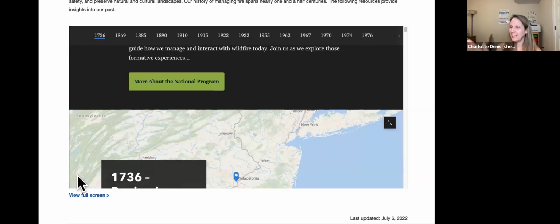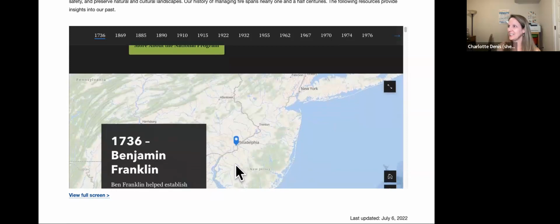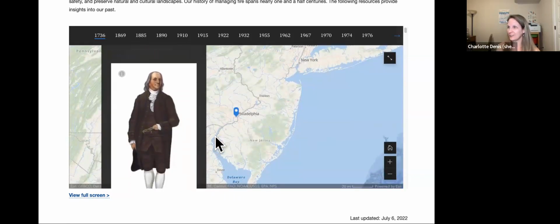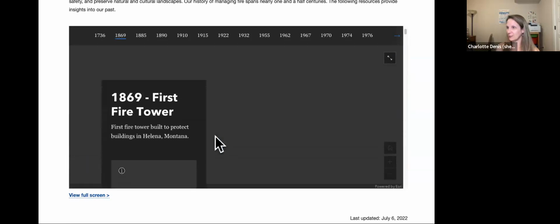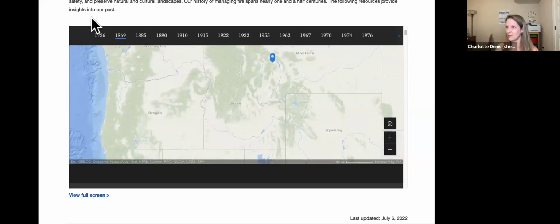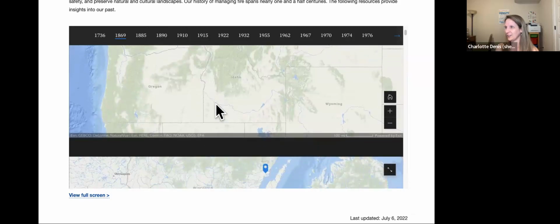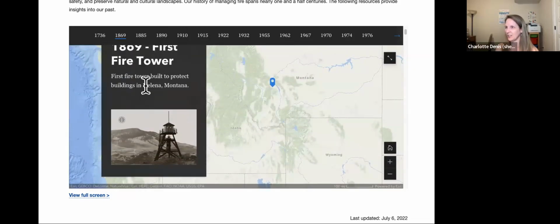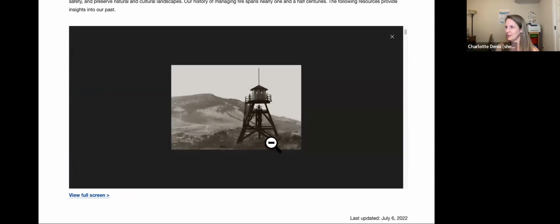Literally right before I was going to teach this series of lessons is when Flash went away. So this interactive timeline about forest management goes across, and then it also goes down, and we have different locations and different things that are happening. You can click on the thing and it will show you the picture. Here's a fire tower, for example.